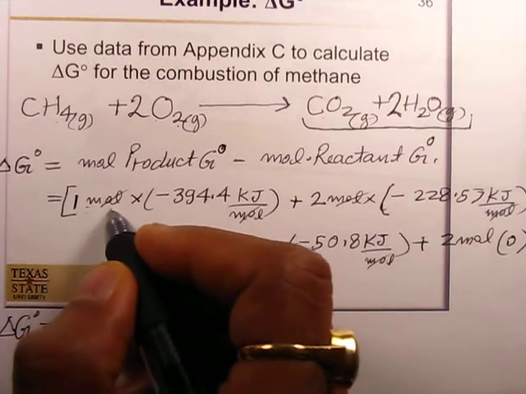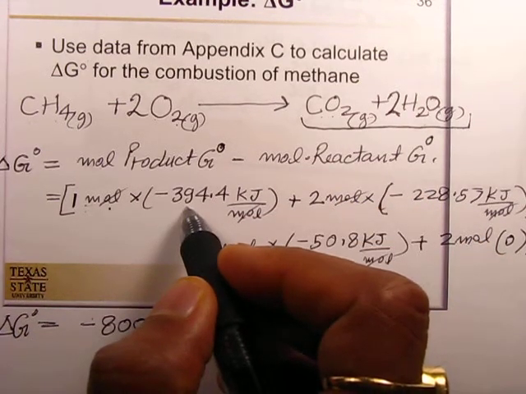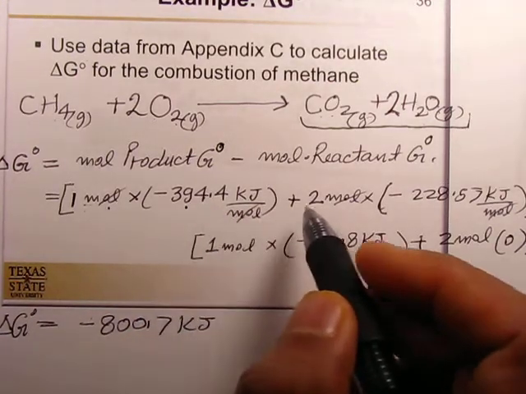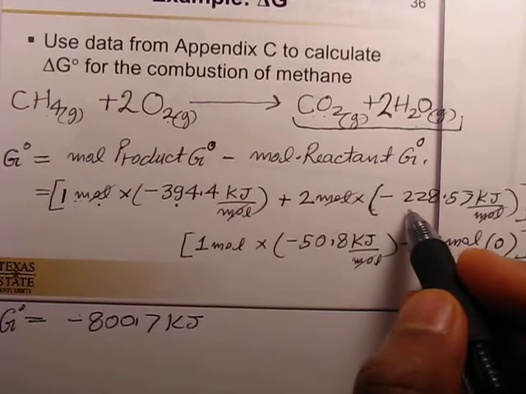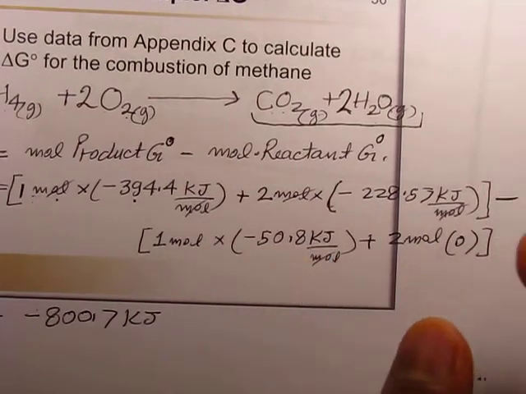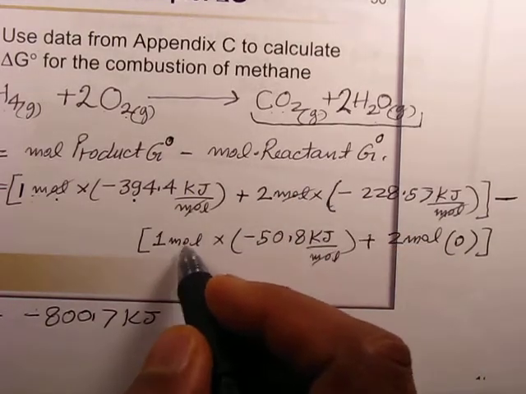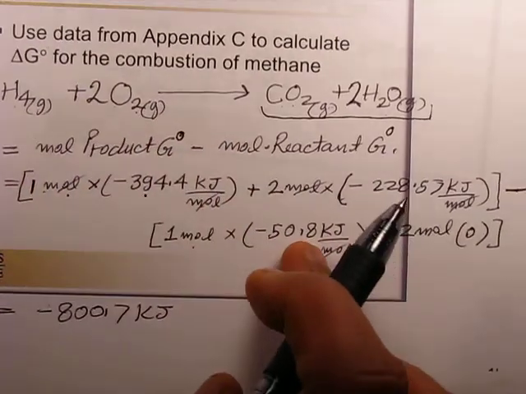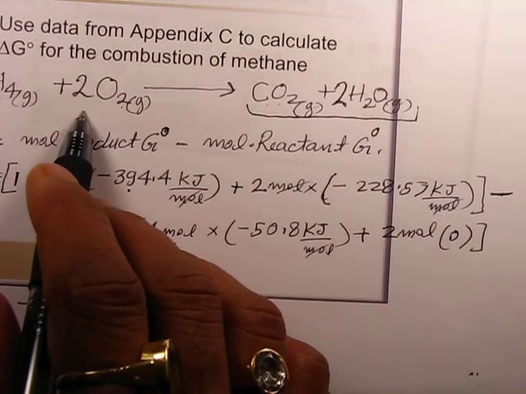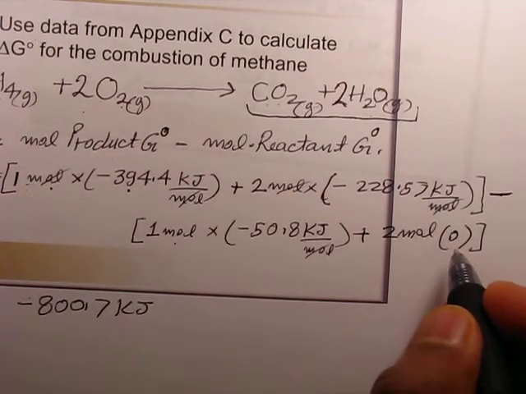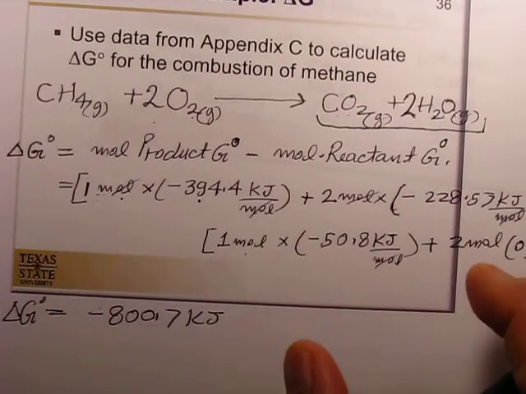So 1 mole of carbon dioxide gas multiplied by its G free energy, plus 2 moles of water multiplied by the free energy of water, then minus moles of reactant: 1 mole of methane gas multiplied by its G, and then plus 2 moles of oxygen multiplied by G. G for oxygen is 0, elemental form.